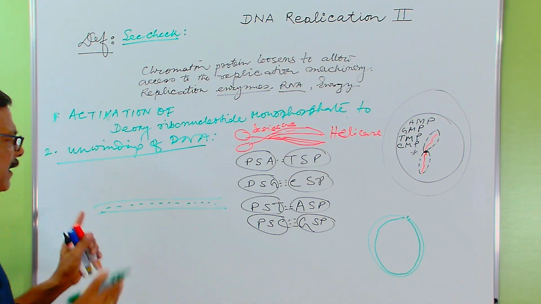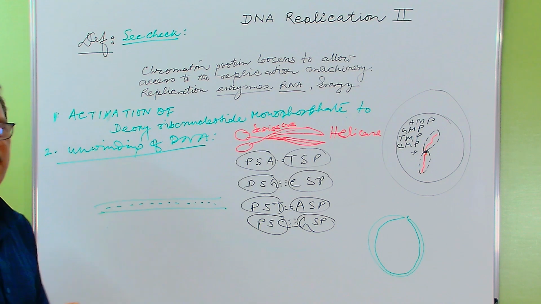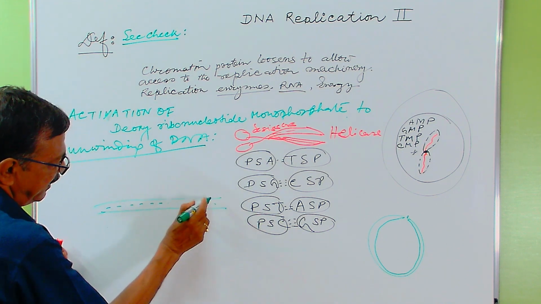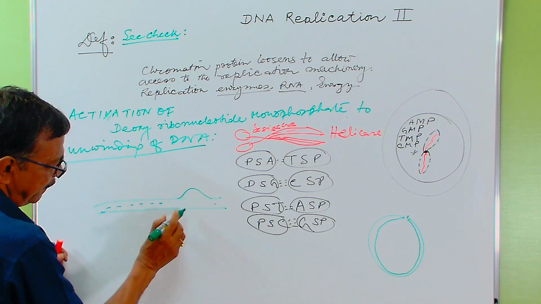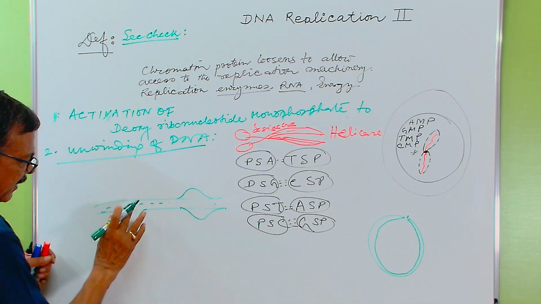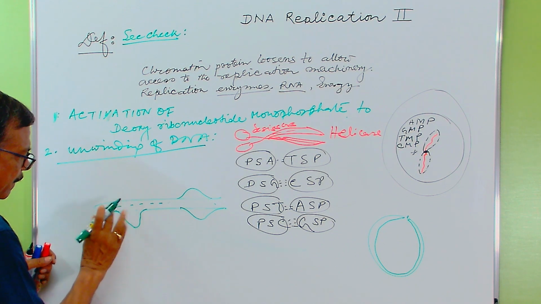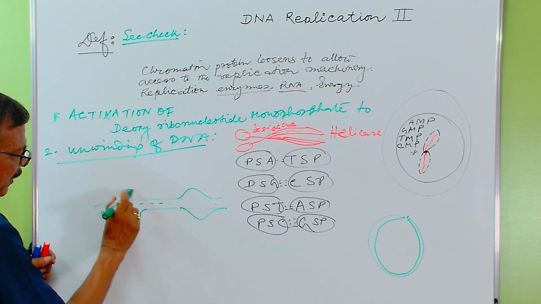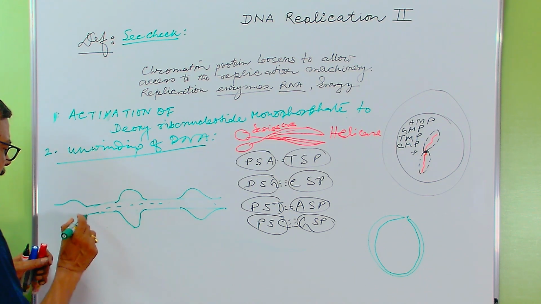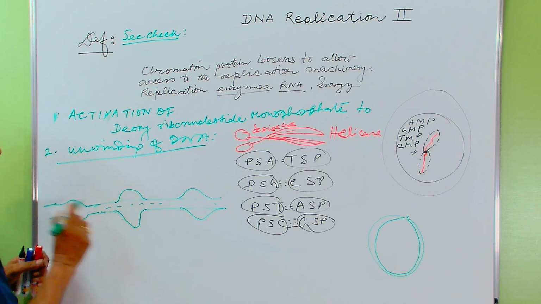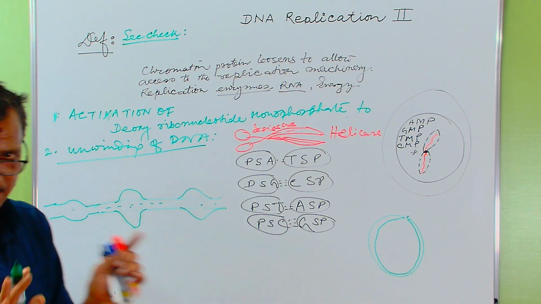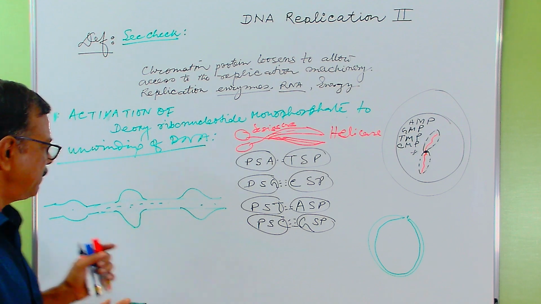But in eukaryotes there may be many of these. How? This will be inflated like this, and this, and this. So there may be several replication origins producing several bubbles. These are called replication bubbles.